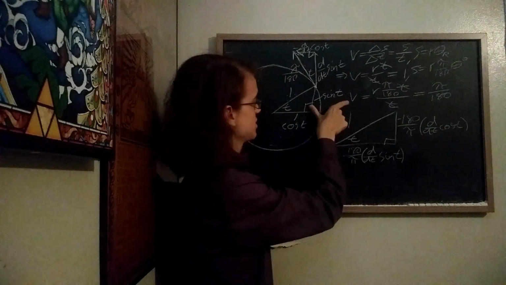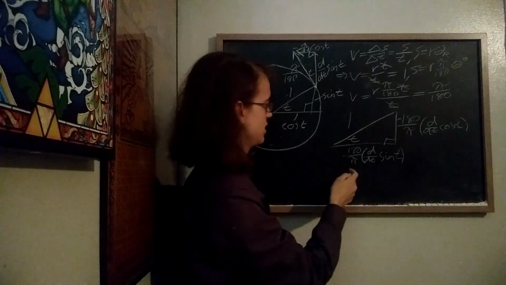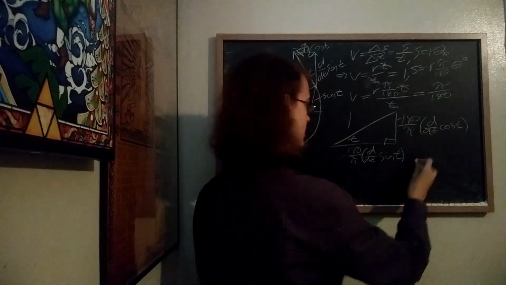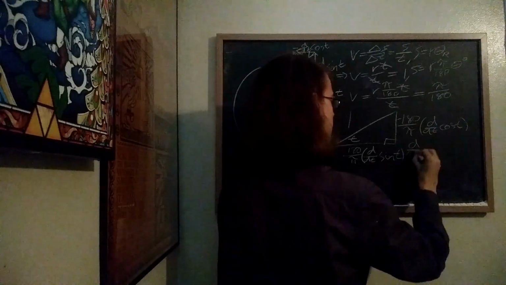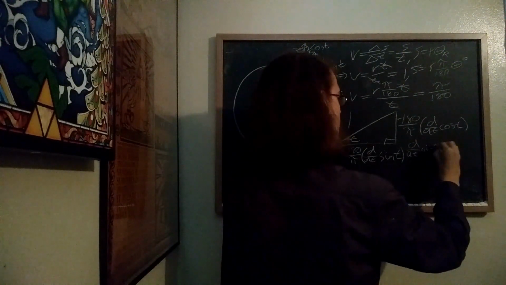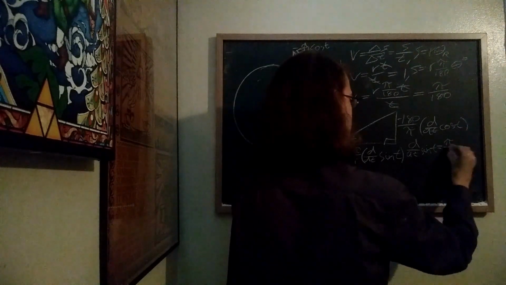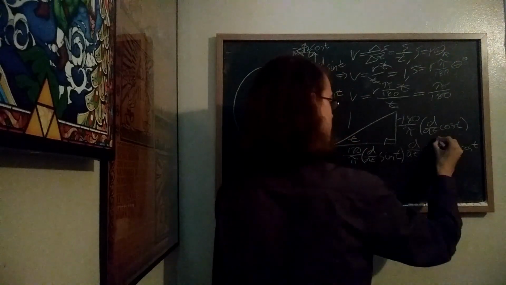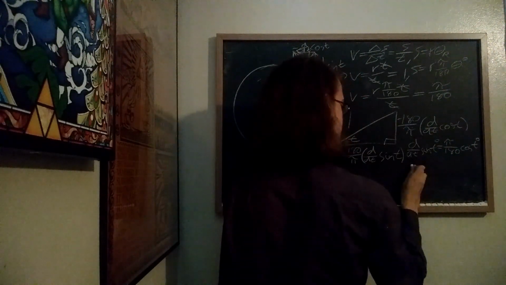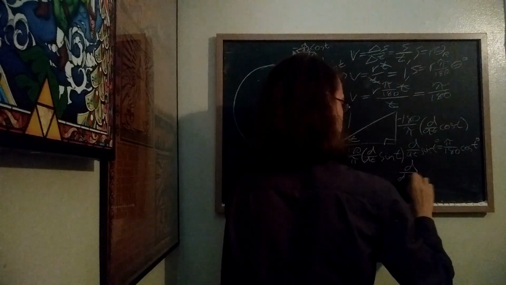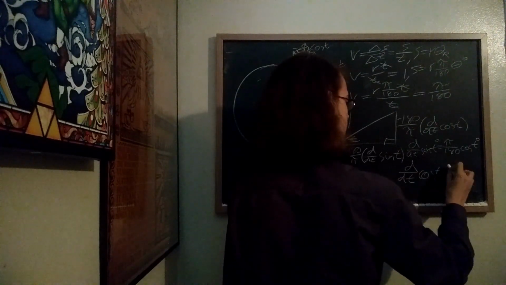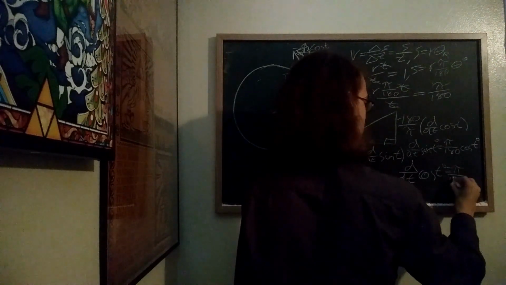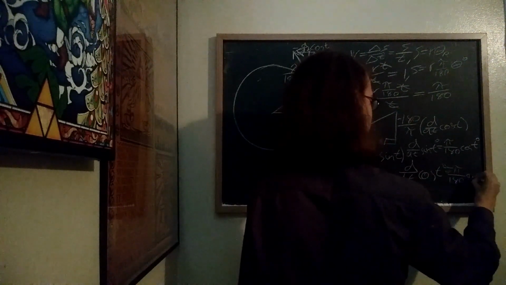So this matches with this matches with this, and now we can just multiply both sides by pi over 180, and we get that the derivative of sine is pi over 180 times cosine of t, and these are all in degrees, and then the derivative of cosine in terms of degrees is also minus pi over 180 times sine of t in degrees.